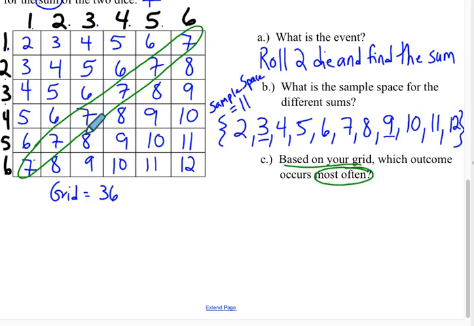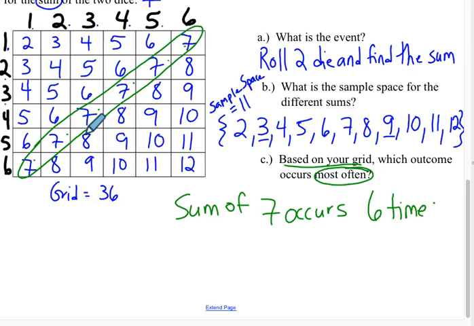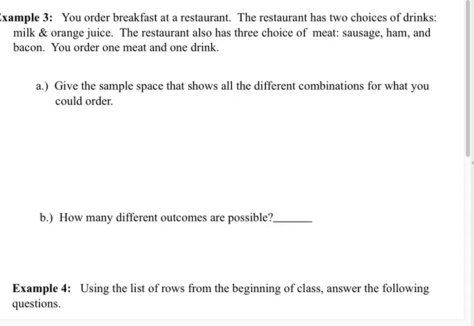It happens 1, 2, 3, 4, 5, 6 times. So a sum of 7 occurs 6 times in my grid. And that gets us to chances when you're playing a game or something like that. So, all right, moving on.